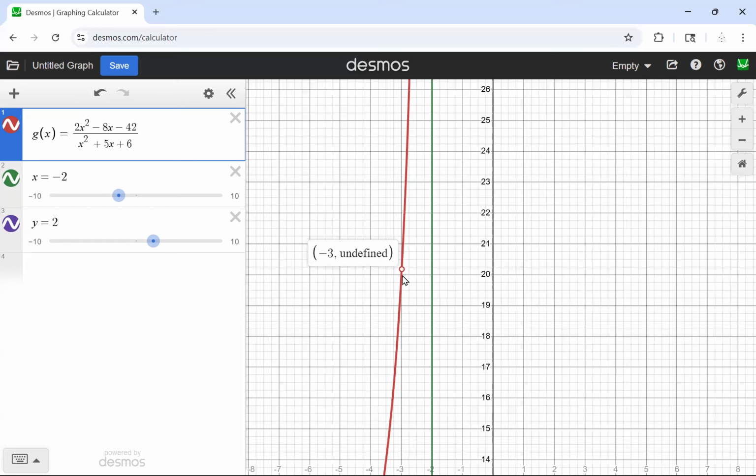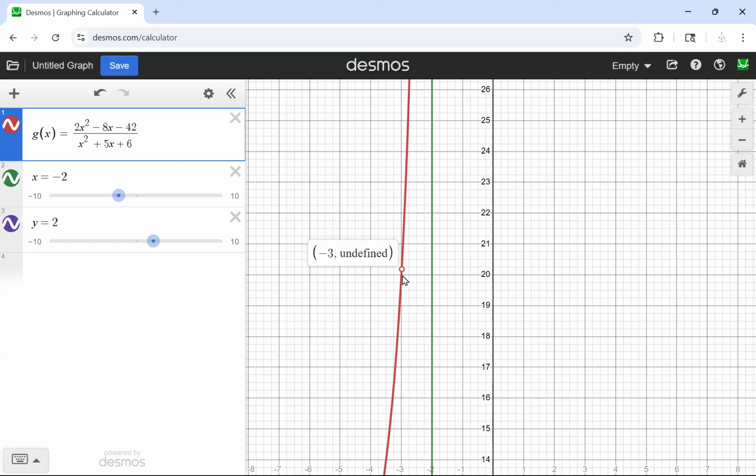That's because when you plug in -3 into your function, you get a 0 divided by 0, and we don't know how to deal with that. So dividing by 0 is impossible. So 0 divided by 0 is undefined.